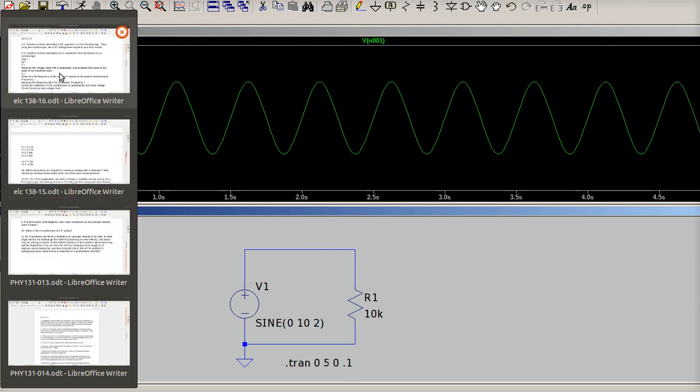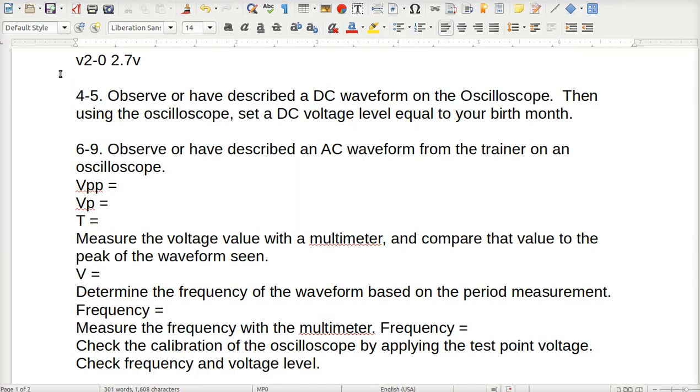Okay? And the reason we're doing this is because everybody needs to be on the same page electronically, in terms of when you ask for something. Later in electronics classes, oftentimes the voltage peak to peak or the voltage peak is used.